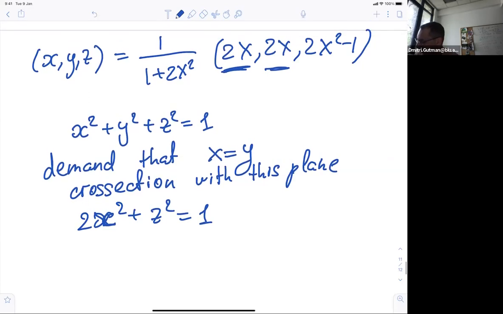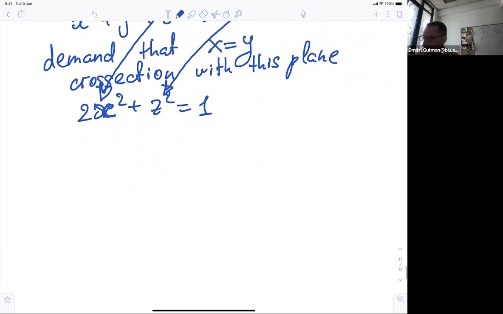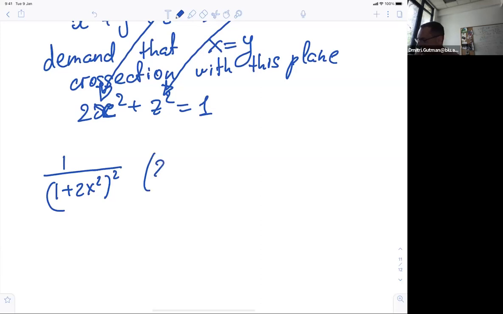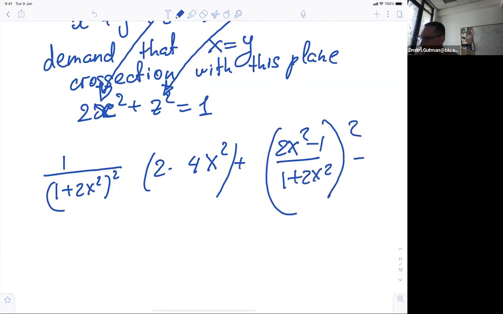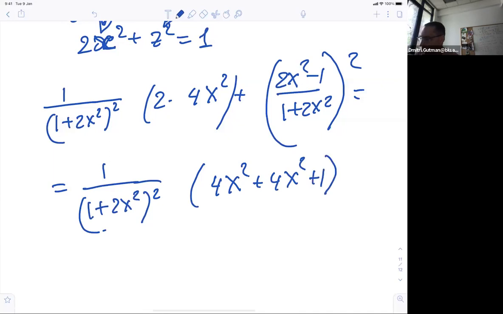And now we can substitute these into this equation, and see that we are getting 1 over 1 plus 2x squared times 4x squared plus 2x squared minus 1, divided by 1 plus 2x squared, and I bring it together and I get 1 over 1 plus 2x squared times 4x squared plus 4x squared plus 1, and this is just 1.